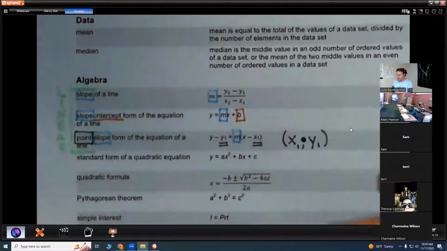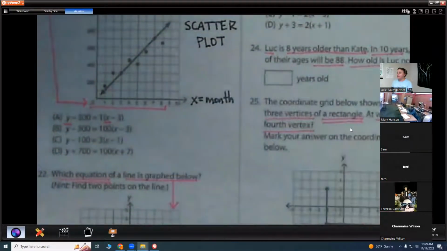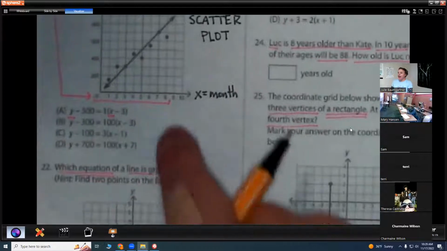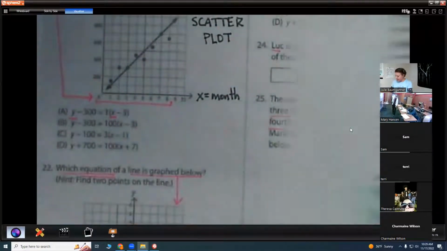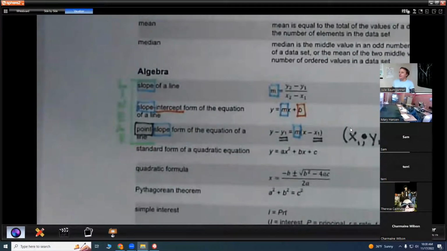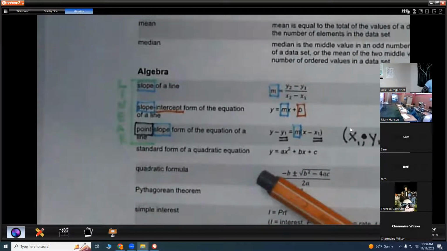So when you look at our answers, you kind of have to look at both. When you look at the answer, what form do they have the answers in? Is it in slope intercept form or is it in point slope form? Point slope form. Okay. So in order to find the equation that matches our line, you need to have a sense of one of the points on the graph.